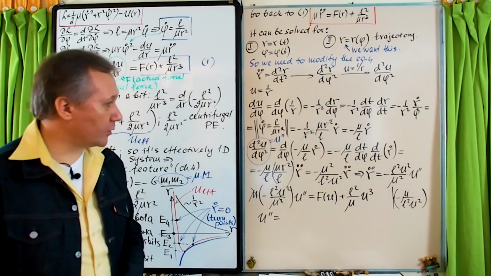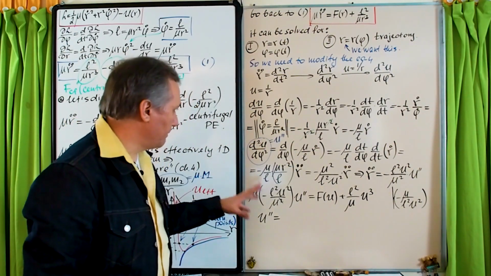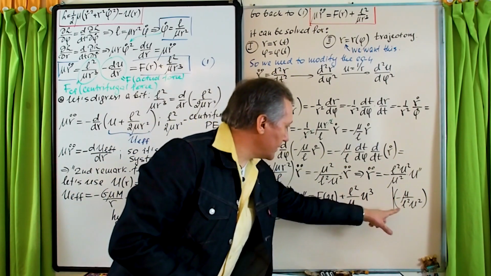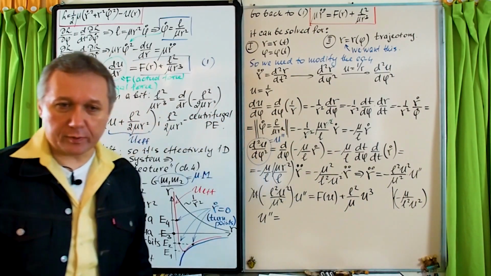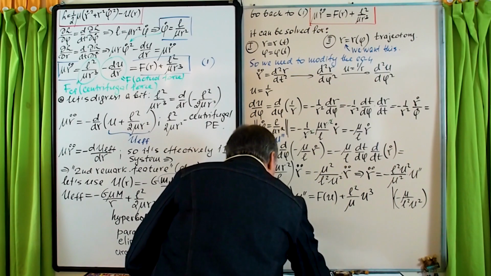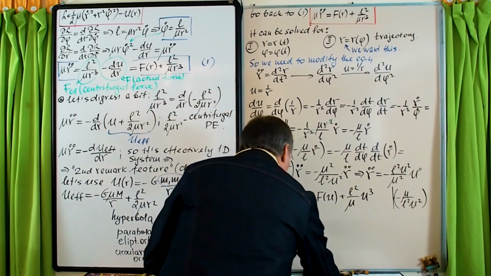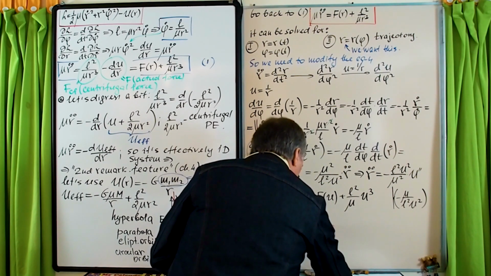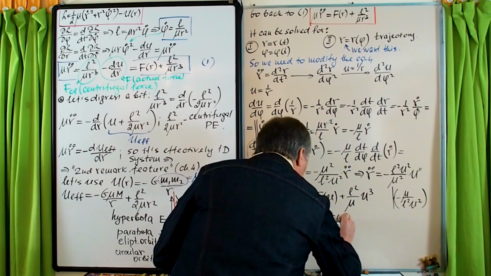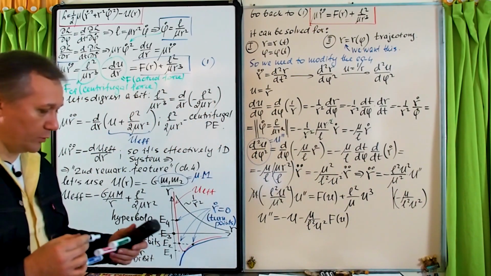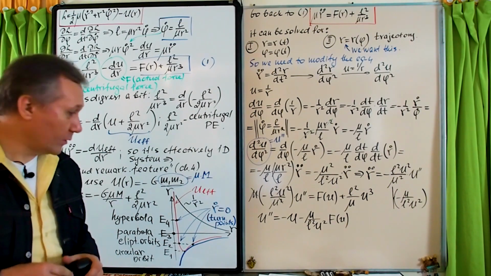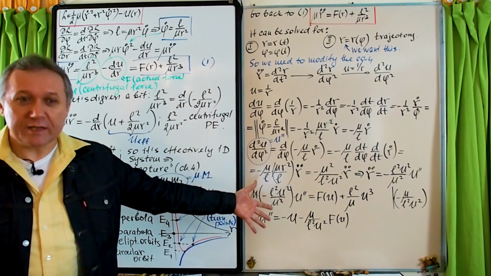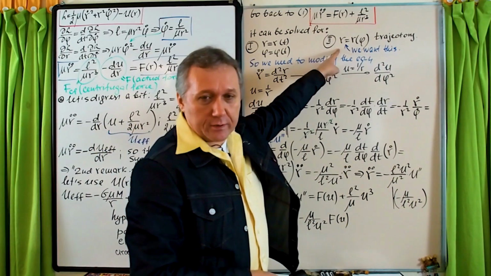So this term is going to give us, mu gets cancelled, L gets cancelled, only u will be left with minus. So it will be minus u. And then minus mu over L squared u squared, and the force as a function of u. Cool. Let me first check. Yeah. So that's the equation which we need to solve.